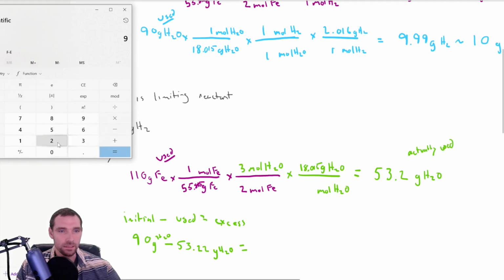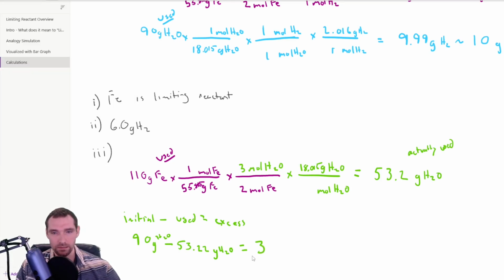So it's 90 minus 53.22, and so it's 36.78 grams H2O, and then we need to actually round that to get the sig fig answer.